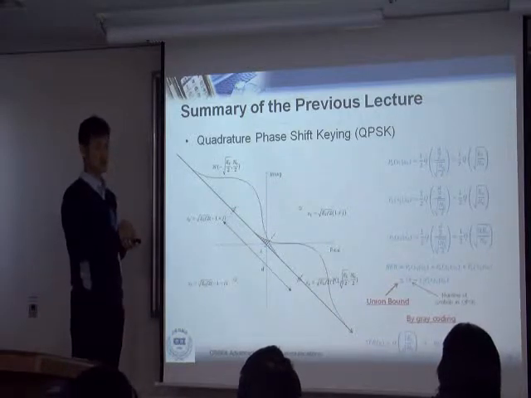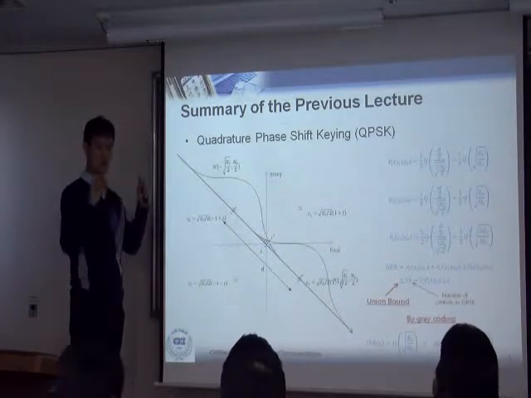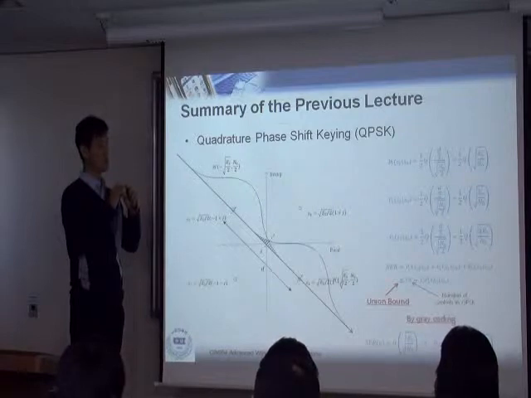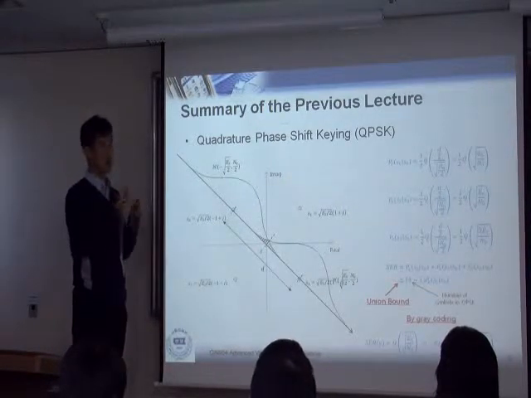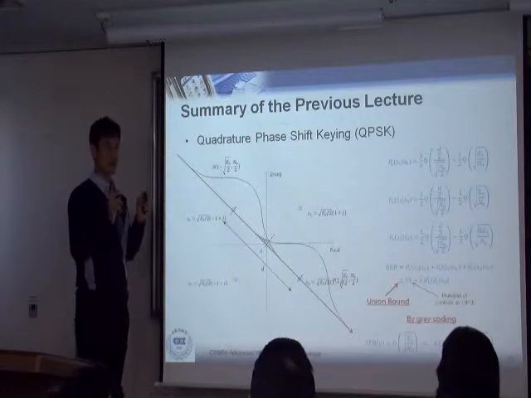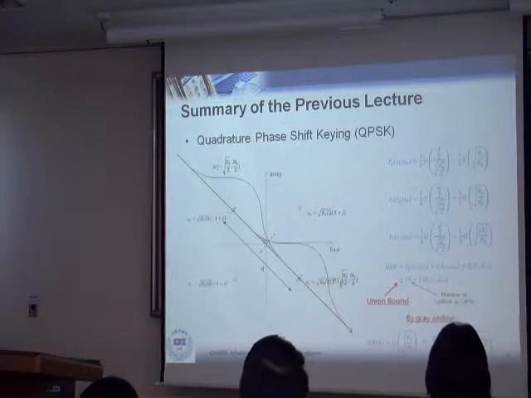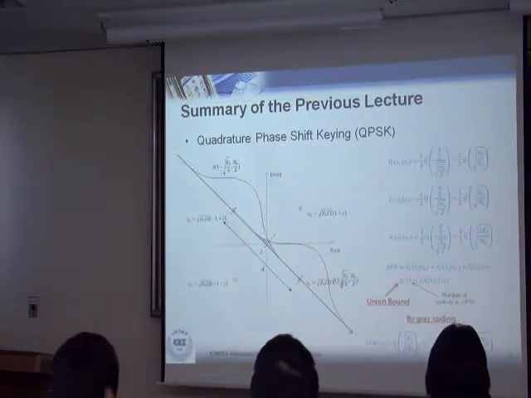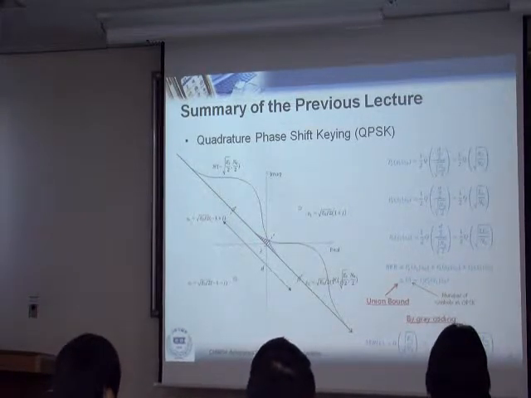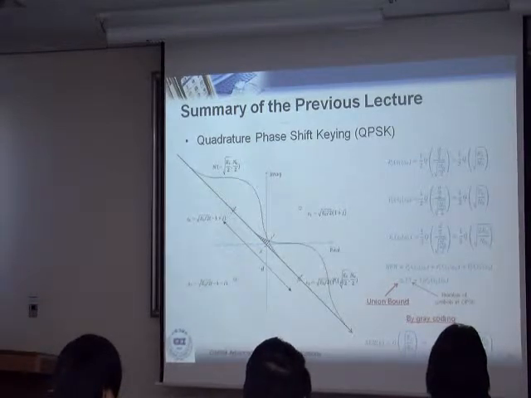Now let's pick an example. Let's say we have one QPSK symbol, and that one symbol has energy 1. In that case, Es equals 1, because we said the symbol energy is 1. Now, let's think about the bit energy.